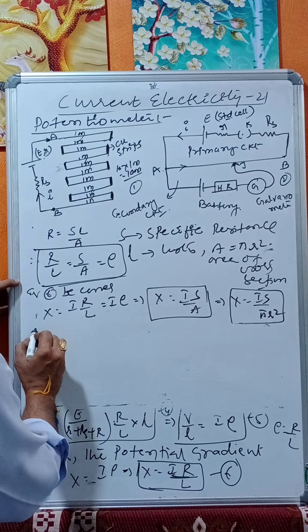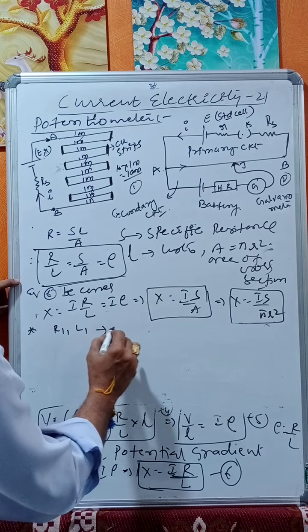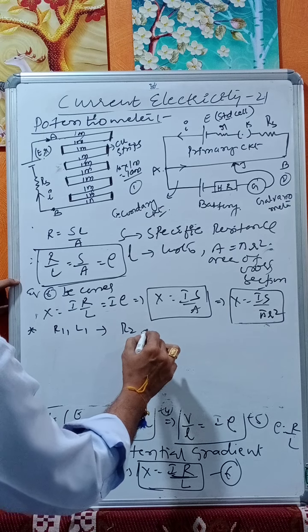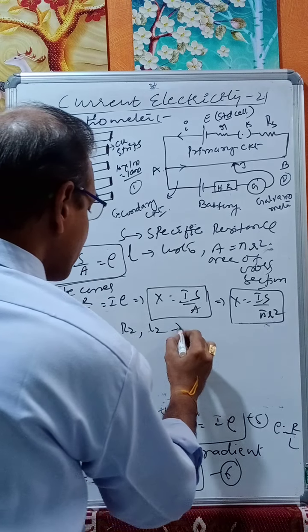Another application for this is, let us say two wires are joined. Two wires of resistances R1 and R2 and lengths L1 and L2 are joined to form a potentiometer.